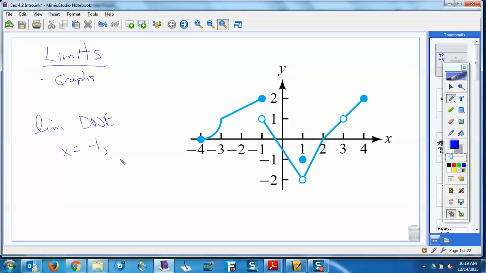So we don't care that there's this diner burned down and moved to a new spot. It's the y values as you come from the left and the right. The y values are getting closer and closer. They're approaching 2. That is the limit. Even though they never get there or there's not a point there, they are approaching 2. So that is the limit.